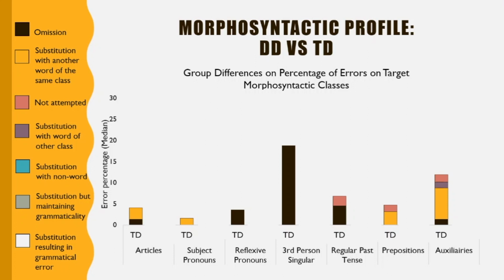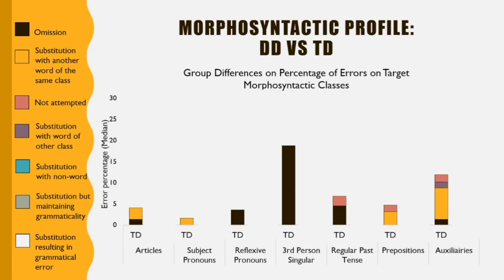Then you look at the tallest bar. That shows that the typically developing kids tend to make the most errors on third person singular, and you see that it's dark, so that's an error of omission. They tend to omit the S, for example, in he sings, they say he sing. So that is very common in our typical kids.